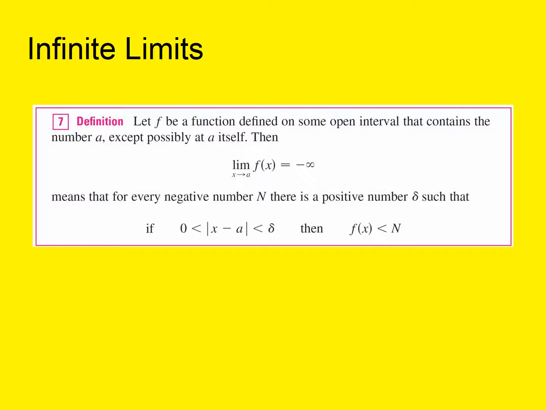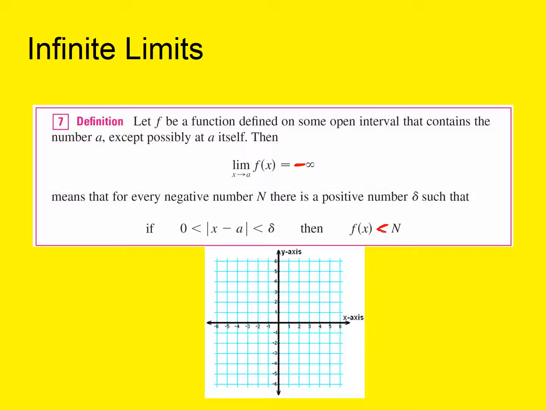We are able to make a similar definition for the limit as x approaches a number being negative infinity, for example the limit as x approaches 0 of the negative of 1 over x squared. We just make a little adjustment in the definition. Instead of saying f of x is greater than a number m, now f of x is always going to be less than a number n, and that's how we define an infinite limit of the negative kind.